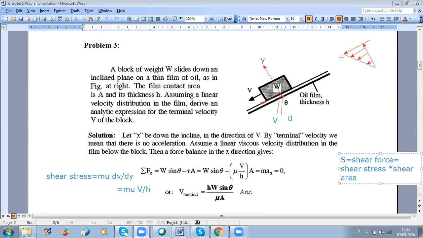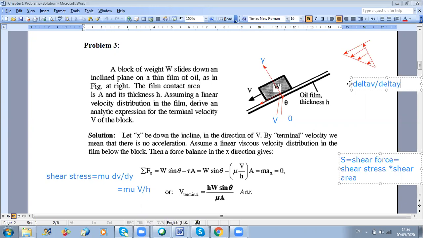Since it's a linear increase in velocity, when you want to calculate del v by del y, which is the variation of velocity in y direction, it is simply the slope of variation of velocity with respect to y direction. So you can calculate it by delta v over delta y.